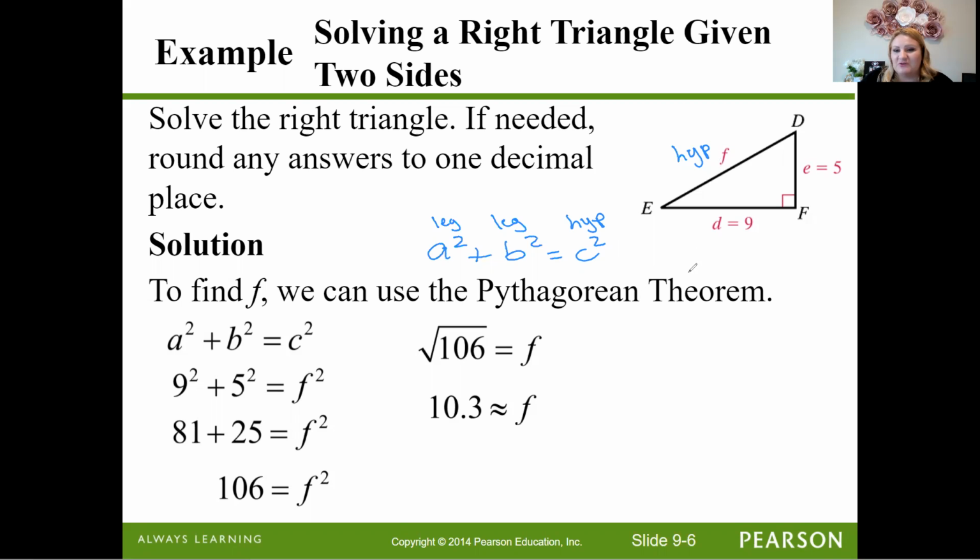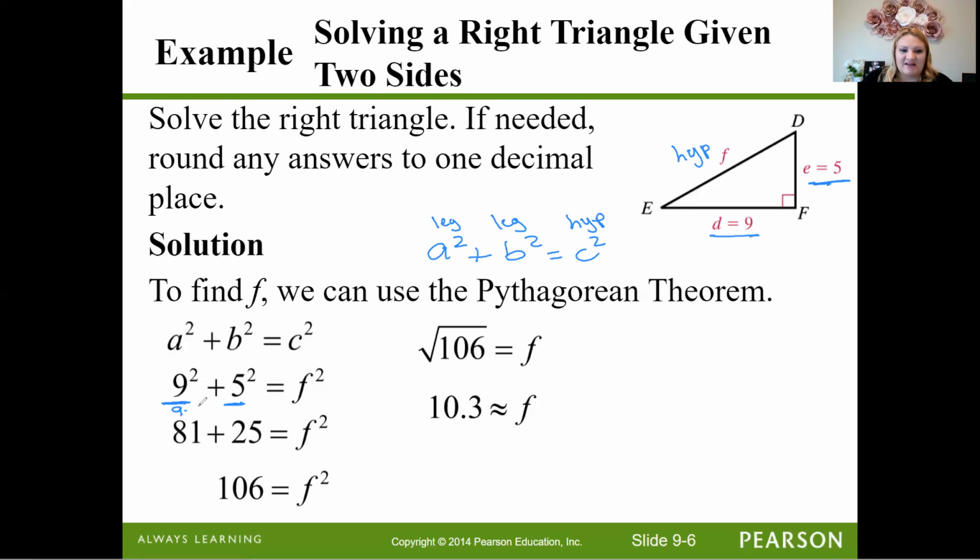So with trig, you use the trig ratios because you have an angle measurement, right? So right here, we are going to plug in the 9 for one of the legs, the 5 for the other leg, and you square these numbers.